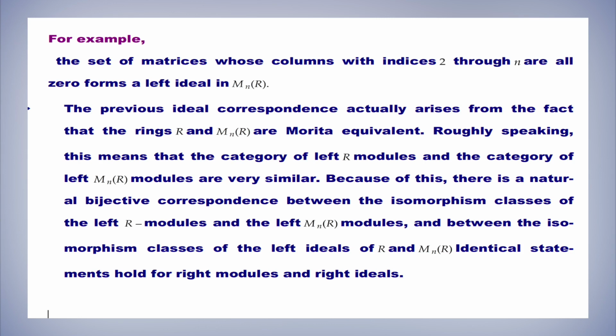Because of this, there is a natural bijective correspondence between the isomorphism classes of the left R-modules and the left Mn(R)-modules, and between the isomorphism classes of the left ideals of R and Mn(R). Identical statements hold for right modules and right ideals.